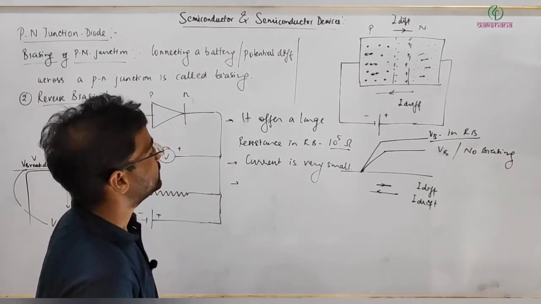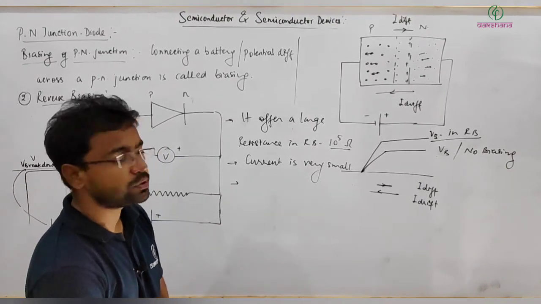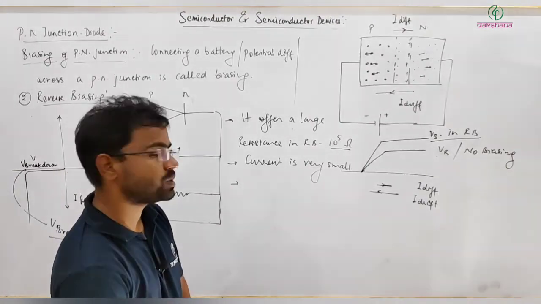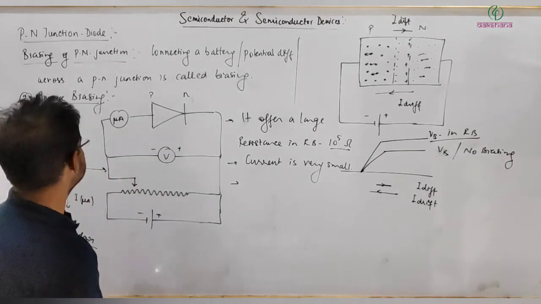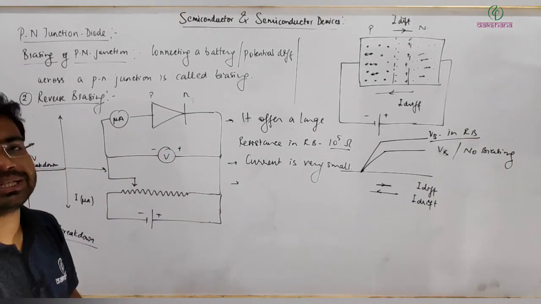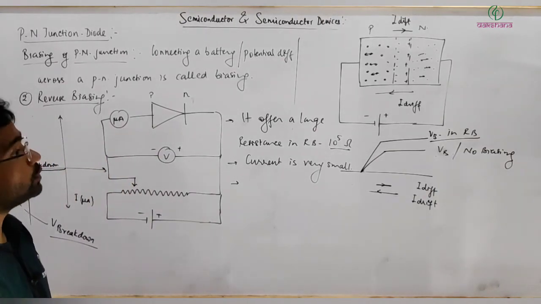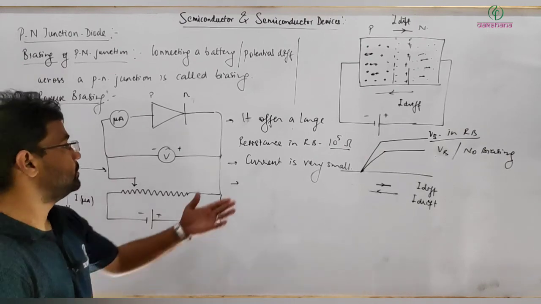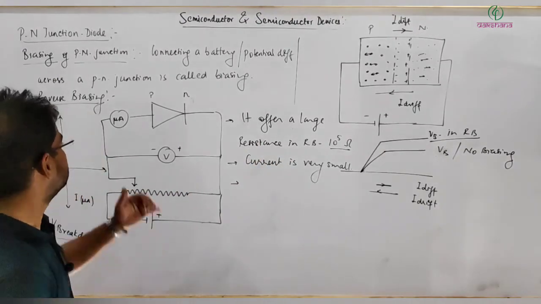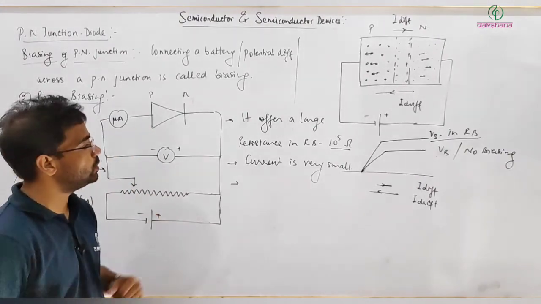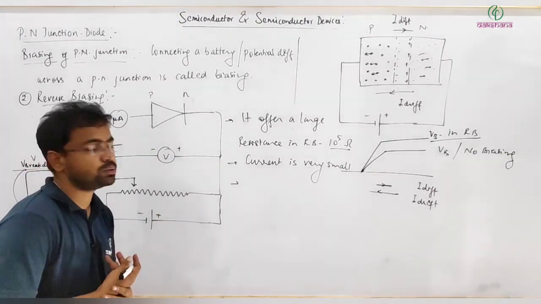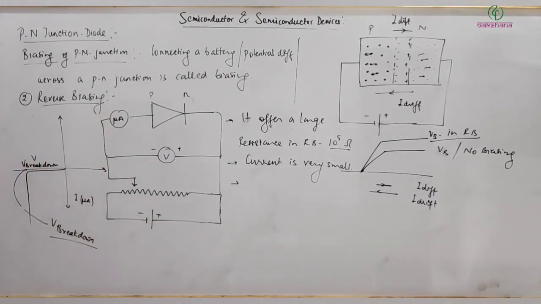In reverse biasing, drift current increases slightly and diffusion current reduces. So it almost does not allow current to flow in the opposite direction because of the high resistance. Definitely the P terminal is connected to lower potential and the N terminal to higher potential, and this is the condition of reverse biasing of a PN junction.